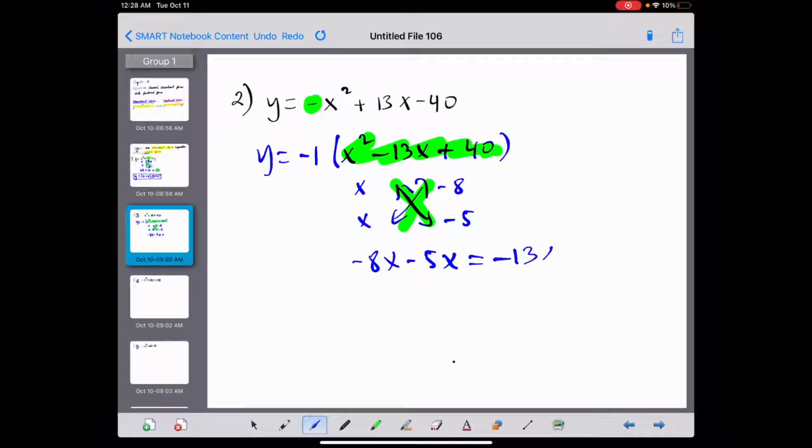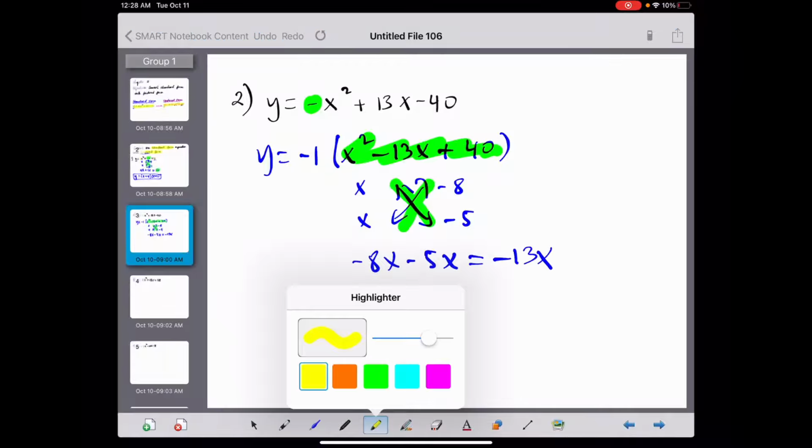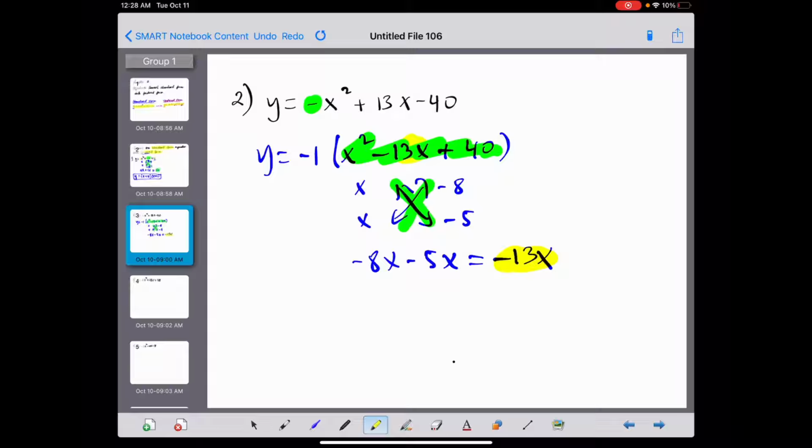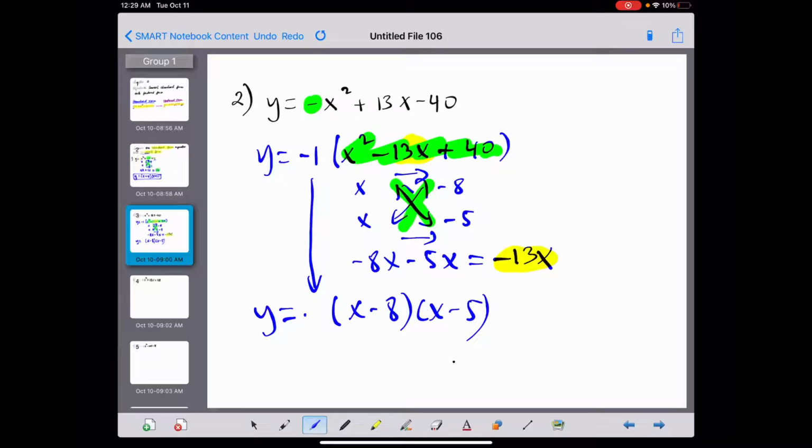And that's negative 13x. You see how it matched the middle term here? So we're on the right track. Look straight across and write down your factors, which is x minus 8 and x minus 5. But don't forget your negative 1. So there, that's your factor form right there.